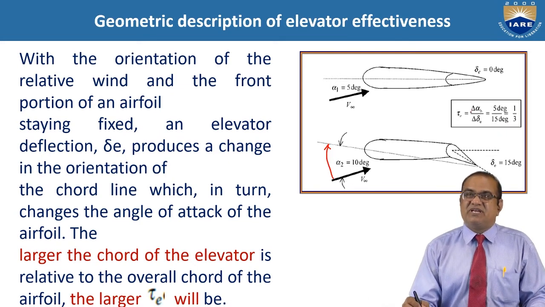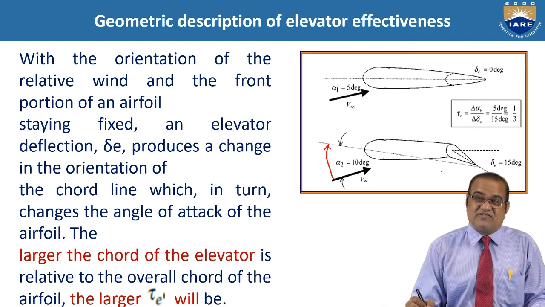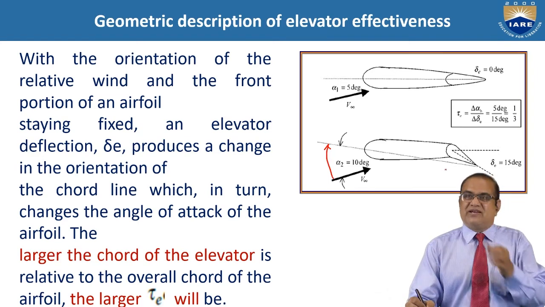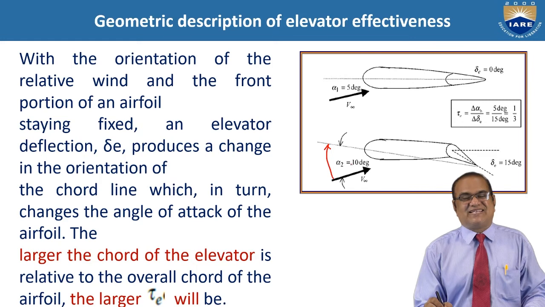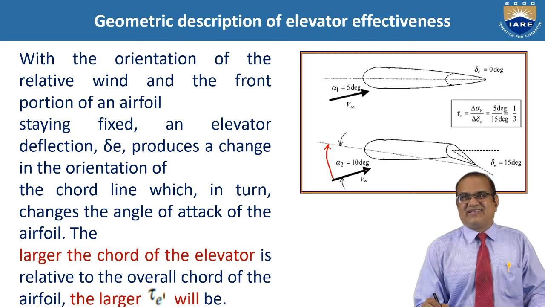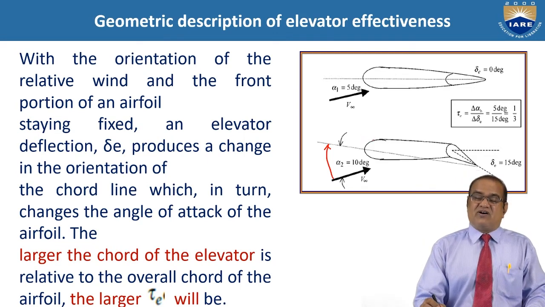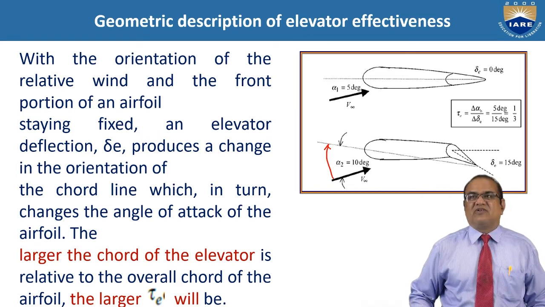This will be much larger as you deflect the elevator. Okay, so it is called the elevator effectiveness. If you increase the elevator deflection, your angle of attack is automatically increased. Here you are increasing 15 degrees, here alpha 2 is increased to 10 degrees. Okay, so like this the effectiveness of the elevator can be calculated.